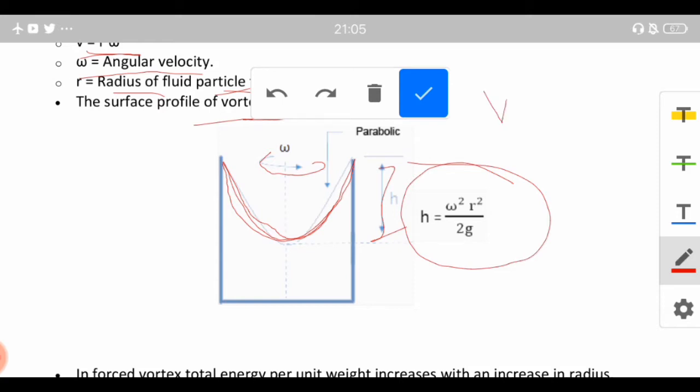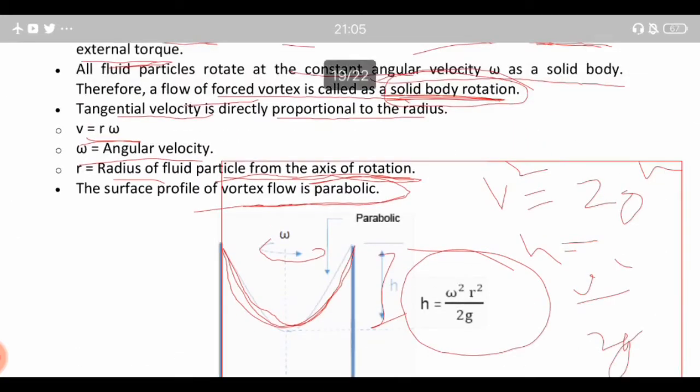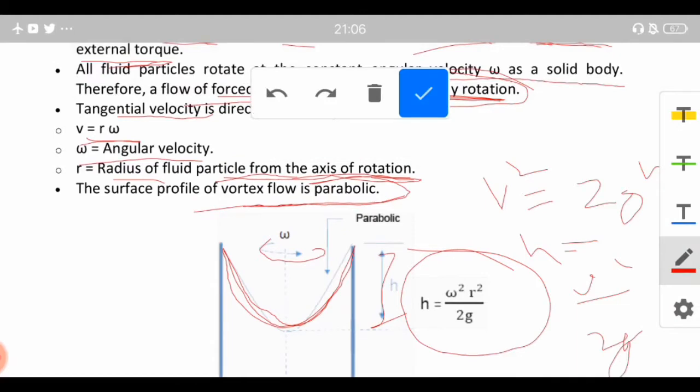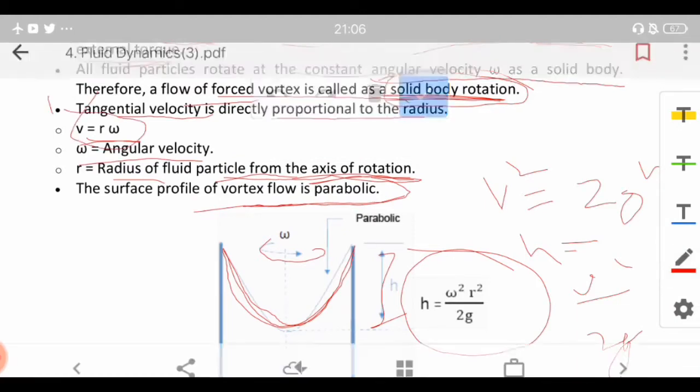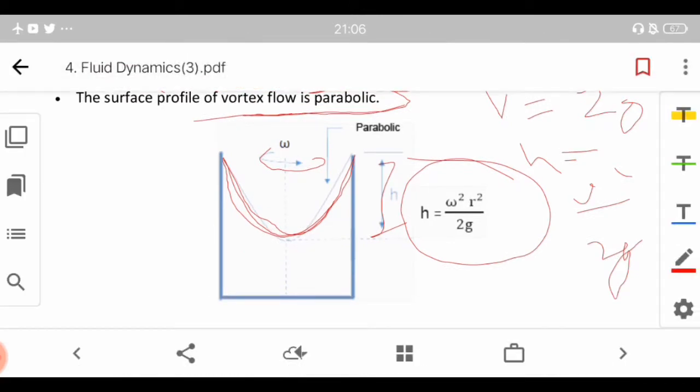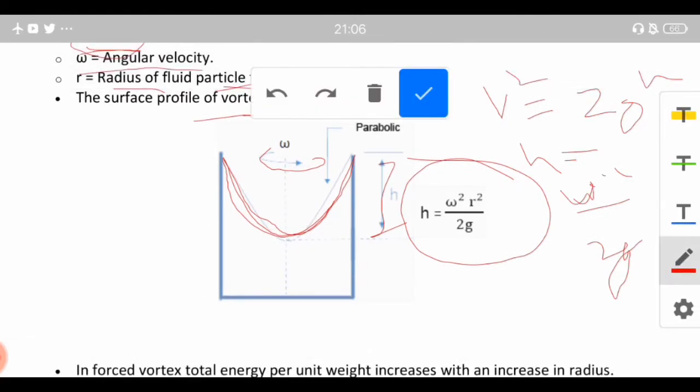You know that v square is equal to 2gh, so h is equal to v square upon 2g. Also v is equal to r omega. On substituting v, we get h is equal to omega square r square upon 2g.